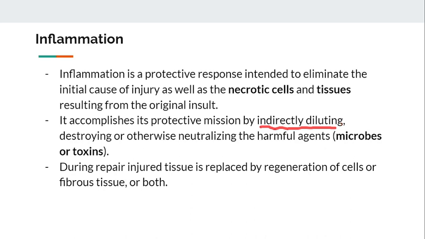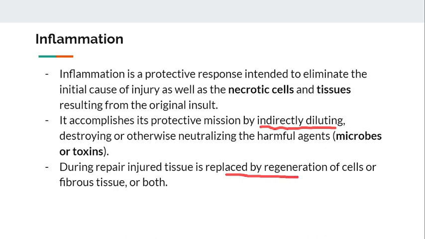During repair, injured tissue is replaced by regeneration. We're talking about those tissues which have been damaged by necrosis. They need to be removed, and then a certain type of repair called regeneration occurs. There are types of repair, and one of them is repair by regeneration.